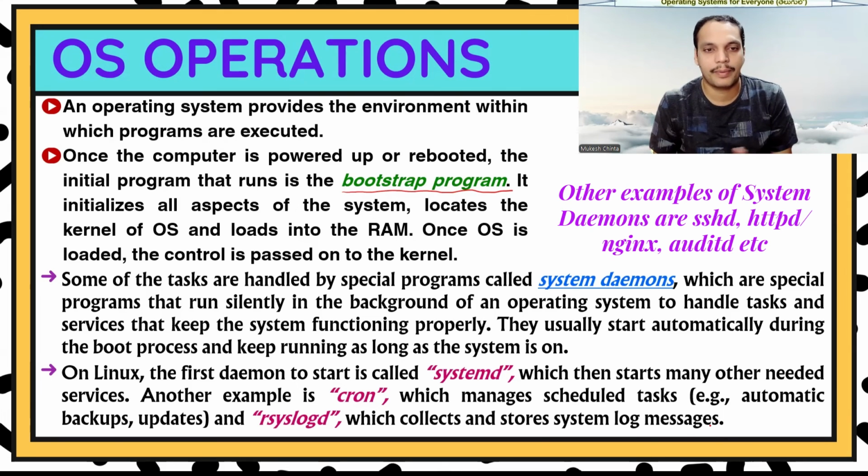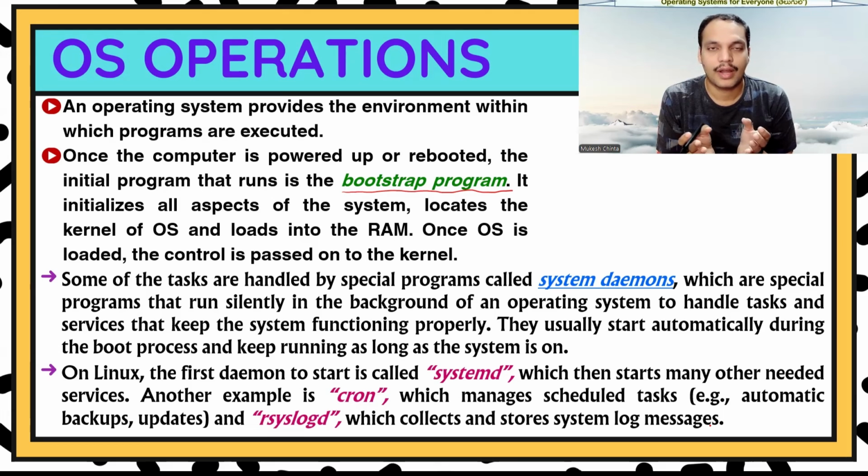If you go on Google and type in system daemons, you'll get different examples also. Here you have to understand that these system daemons run in the background as per the need of the user. If a user has selected a particular thing, startup programs or something like that, then these programs will actually assist with the normal operation of the operating system.